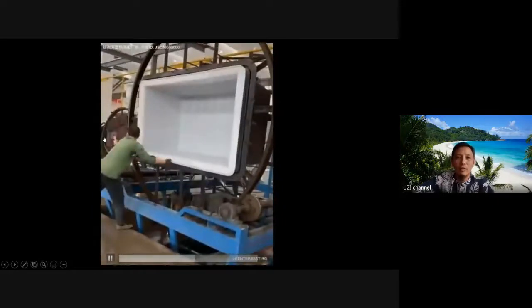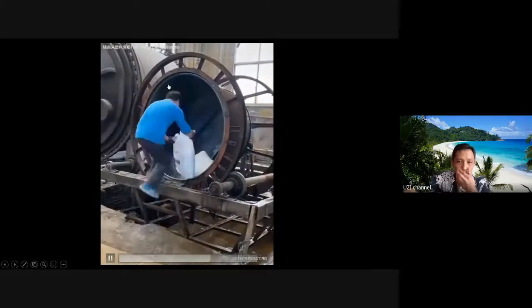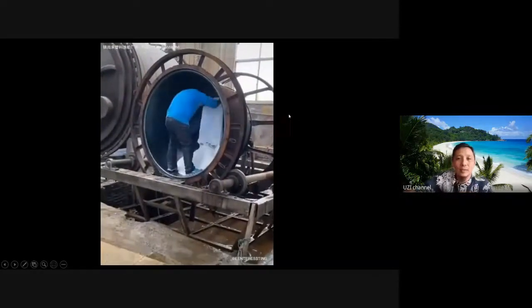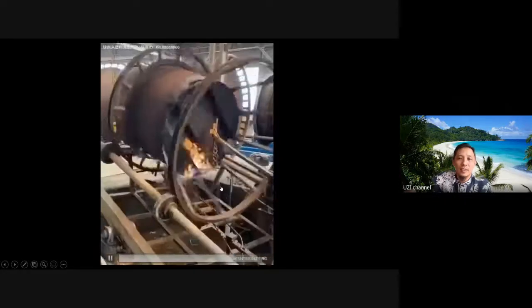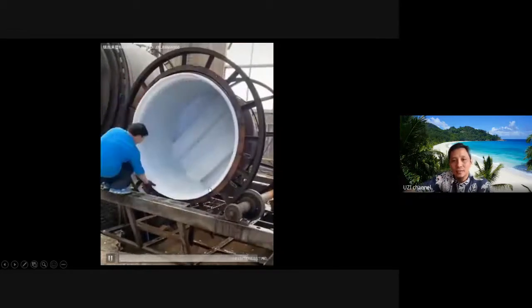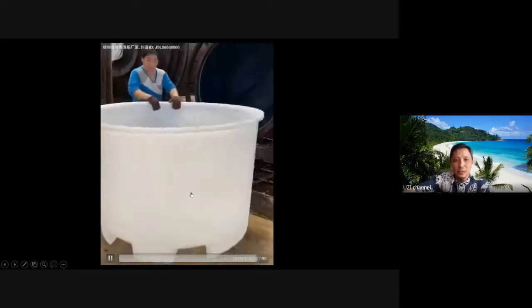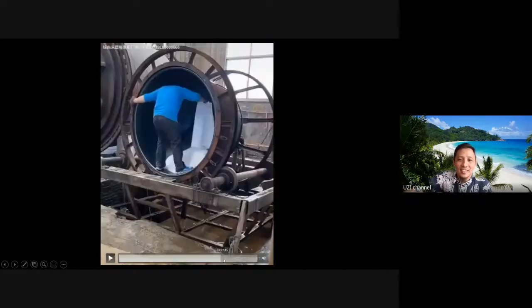This is a square chamber like this, and this is a cylindrical chamber. Here it is heated, like the conventional process. The polymer raw material is inserted into the mold.